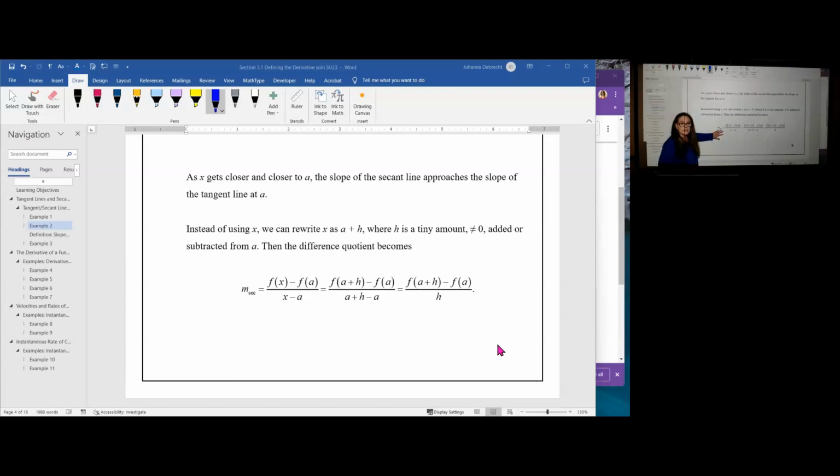This becomes the slope of the secant line, which we can rewrite as f of a plus h minus f of a over, well, this should be the difference in the x values, which is a plus h minus a, which reduces to h. This is probably the one that we use the most often in mathematics when we're finding the derivative.